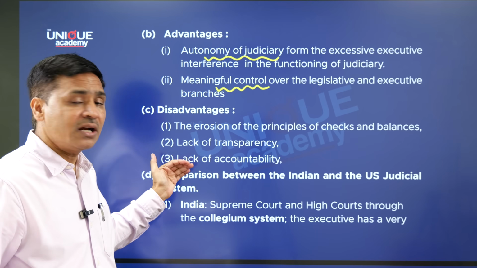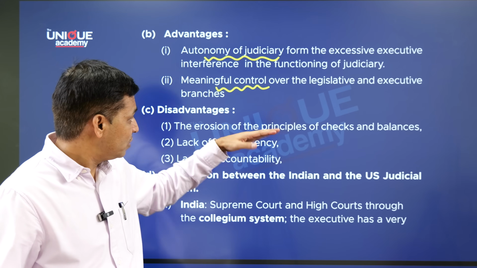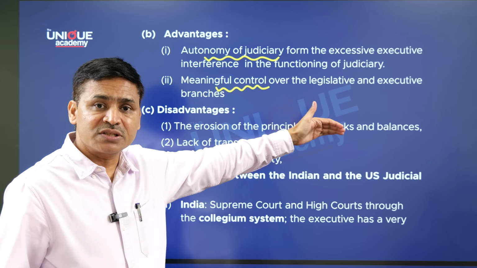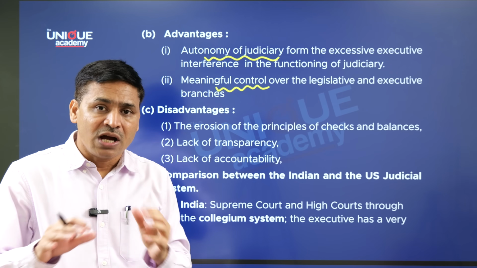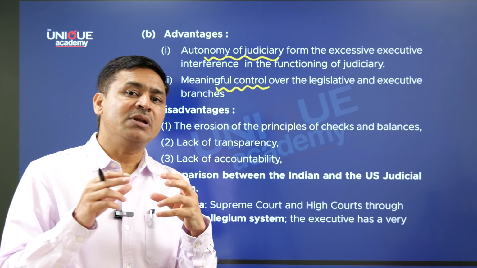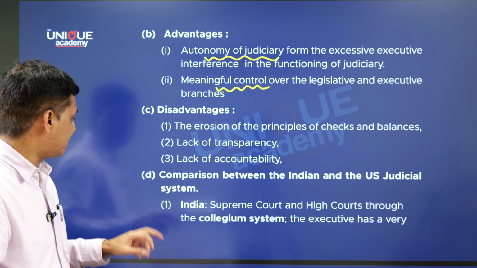And as far as the disadvantage is concerned, we can divide these three points into two. One is the principle of checks and balances, and the other is how transparent, how accountable, how reasoned that collegium system is.